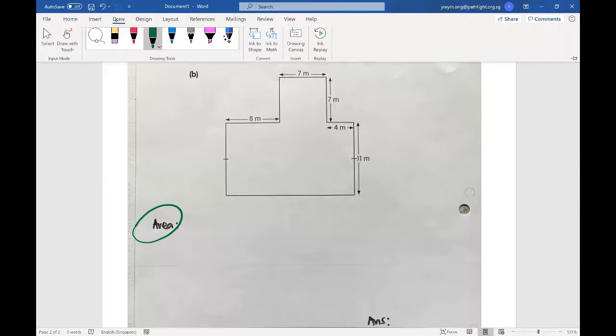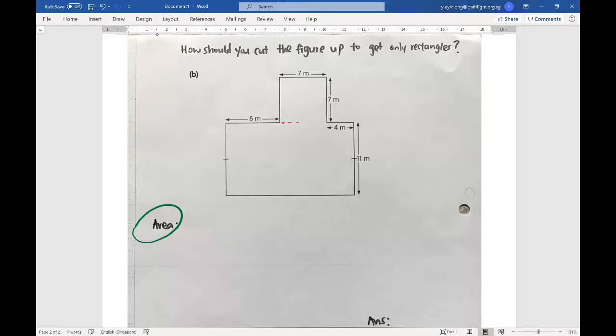Okay, so remember area. Before we find the area, we have to cut up this composite figure. So we cut here, one line, to get A. Is this a square or a rectangle? You can call it a rectangle, but to be more specific, it is a square because it has equal sides.